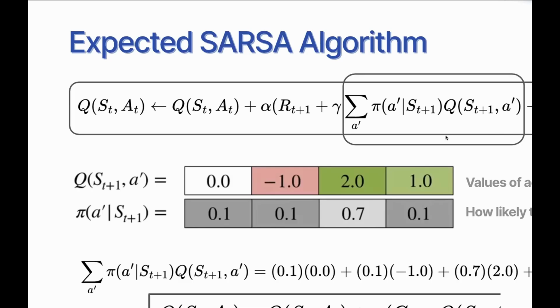That's this quantity here. With SARSA, what we would have done is randomly pick one of these Q values according to the probabilities listed in this policy. We probably would have picked a Q value of 2 because it is the most likely Q value under this policy. But for expected SARSA, we instead took the average. I hope that's clear to everyone.